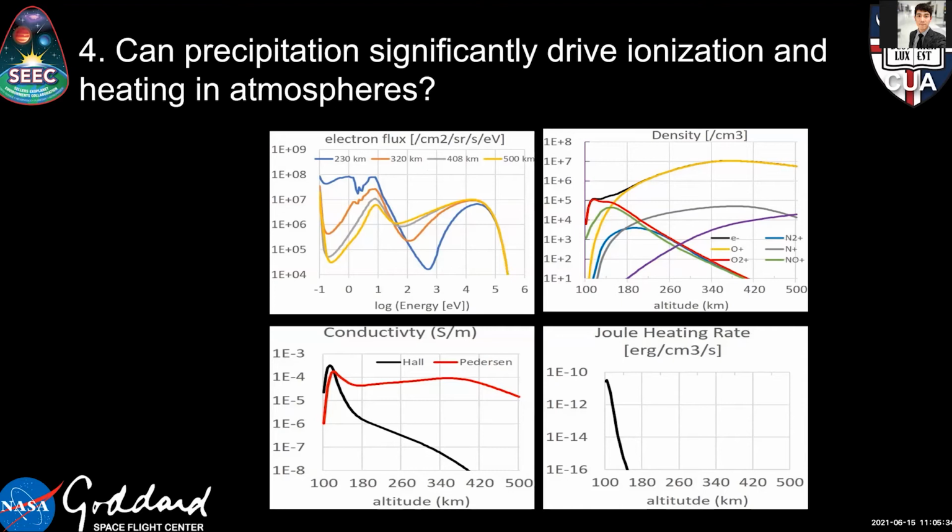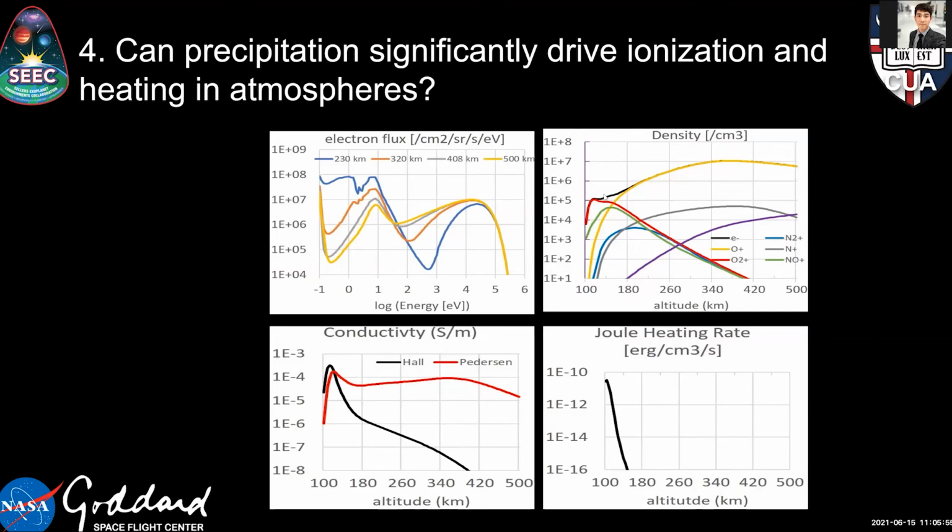Going to lower altitude, the colors change from yellow, gray, and orange to blue, and there is more secondary electron production in the low energy channel. This leads to the electron and ion density increase on the right.